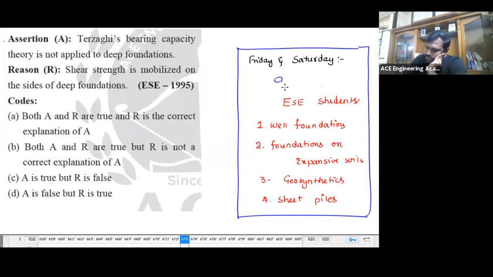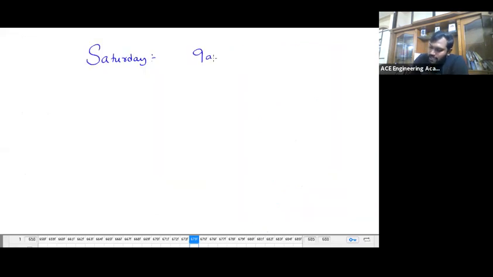I'll take it as 9 a.m. to 12 p.m. on Saturday for ESC students only, and from 2:30 to 8:30 p.m.